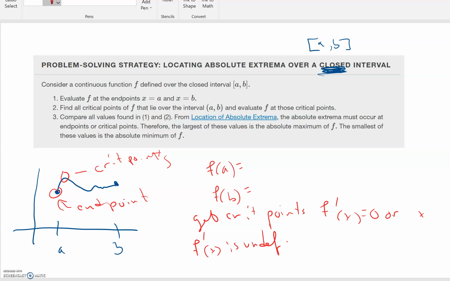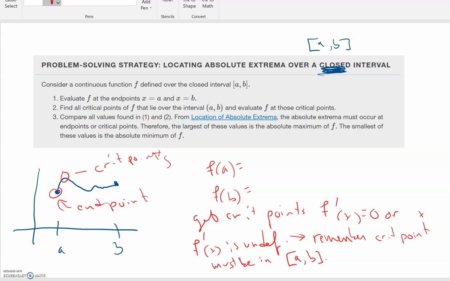Now, if you've started working on this homework for section 4.3, you'll know that getting the critical points sometimes involves some kind of fancy algebra and factoring and things like that, so you've got to be prepared for that. The other thing that should be mentioned here is, remember that the critical point must be in the interval a to b.